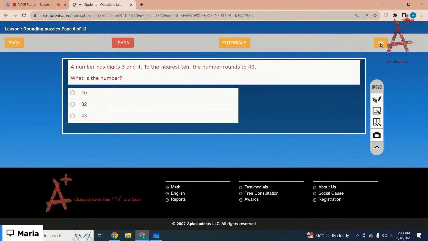Yes, you can make two numbers. They are 34 and 43. So 43 is rounded off to 40. The correct option is 43.